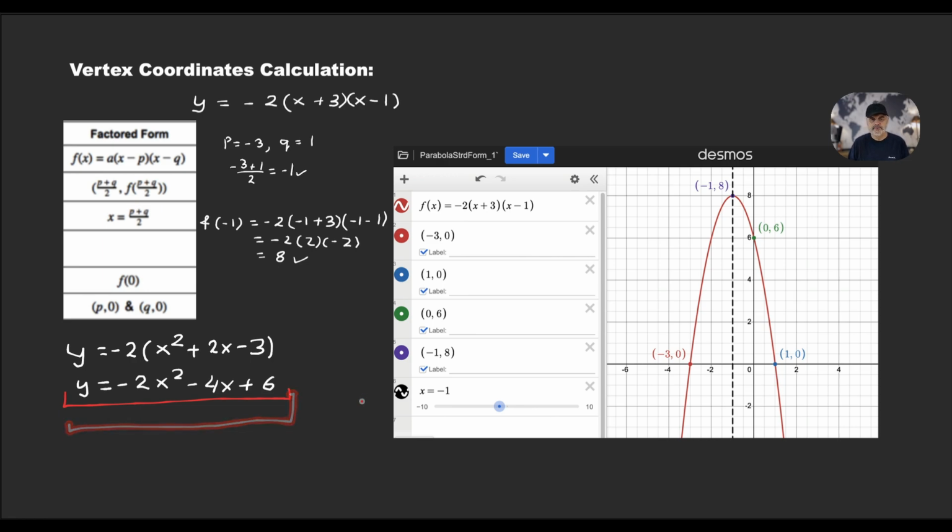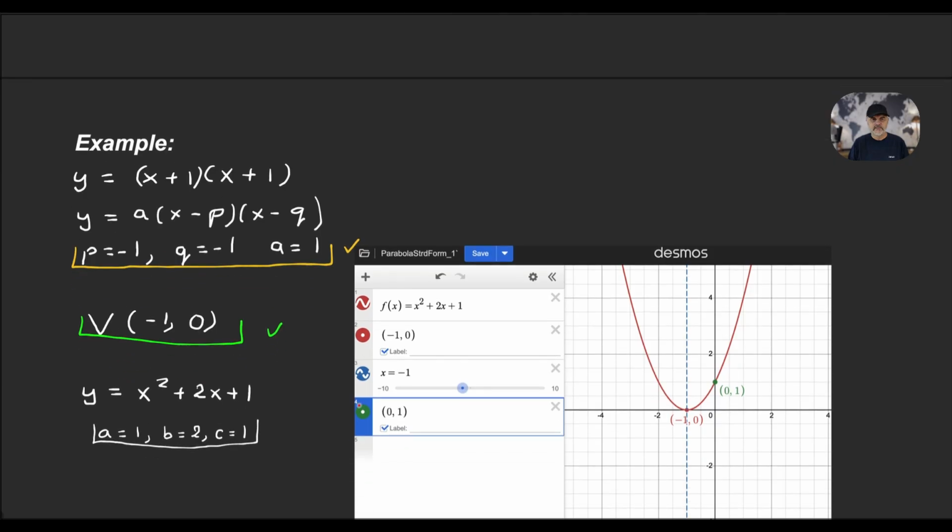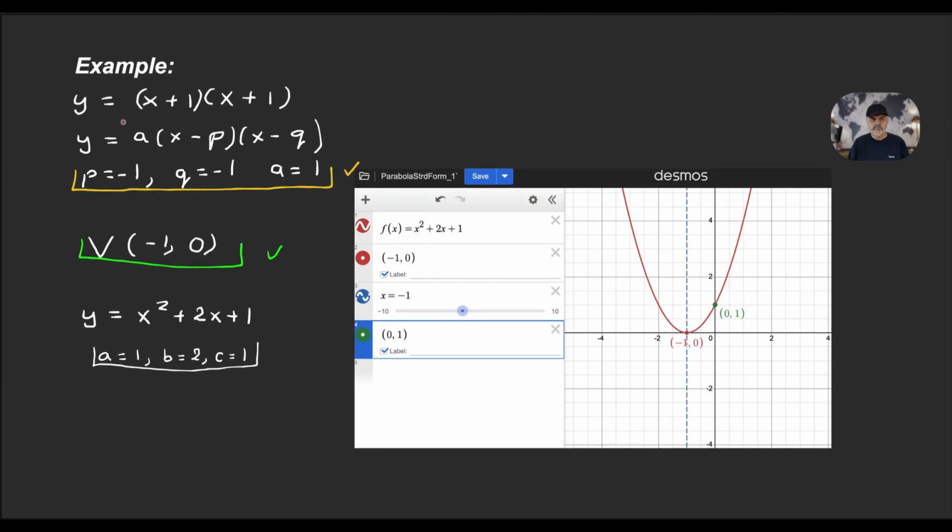So there you go. The next example shows +1 for a, and this is a specific case where both x-intercepts are the same. Even so, you do the average: you identify the values of p and q, add them together, divide by 2, and find the location of the vertex, and the y-coordinate for that vertex is 0.